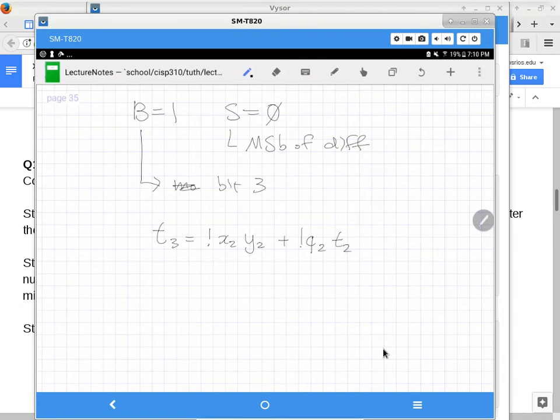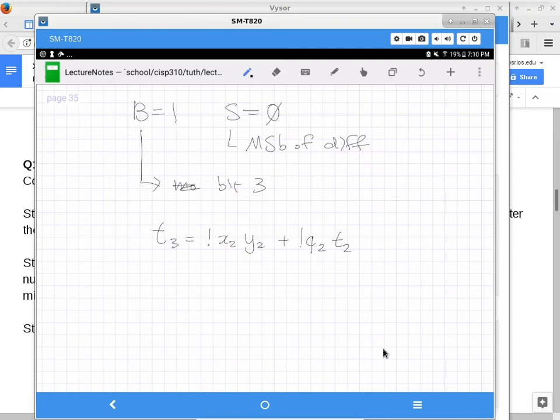Does that look familiar to you? That's one of the definitions. So when you look at this, you go, okay, we need T3 to be a 1, which means we need at least one of these two expressions to be a 1. But we also know that only up to one of those two conjunctions can be 1, so we can pick one. So let's say we pick the first one.